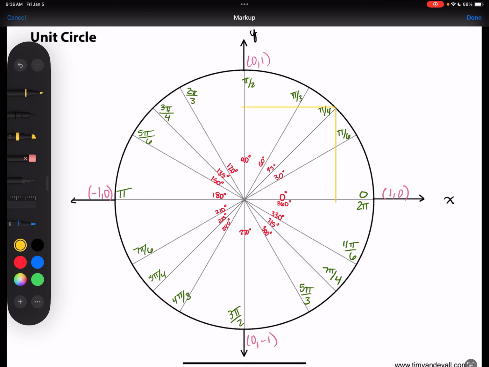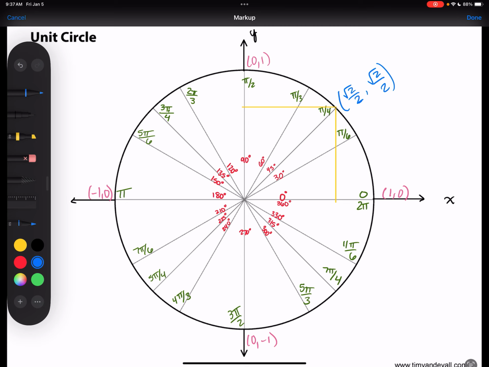So I'm going to use blue. All right, so this one is root 2 over 2 and root 2 over 2. So the pi over 4s are the easiest ones because the number is the same for both, the x and the y. Now, they're weird numbers, but same numbers nonetheless.